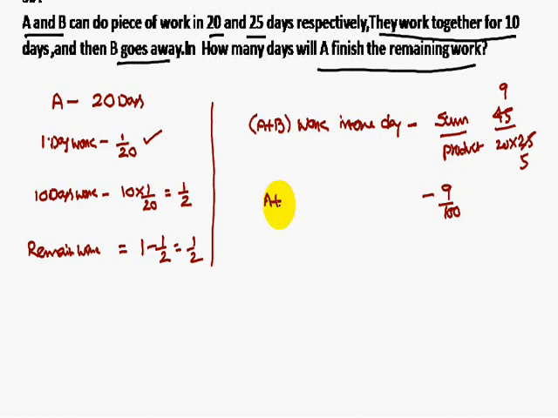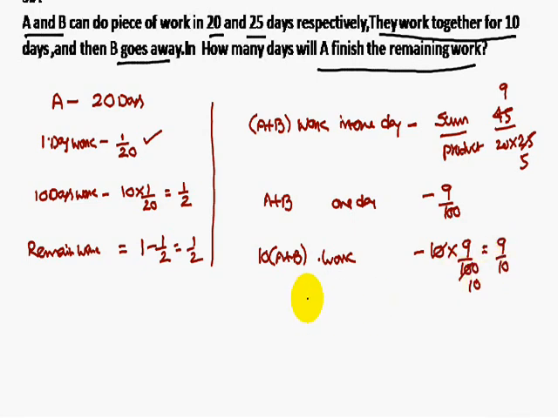A plus B's 1 day work is 9 by 100. So they worked together for 10 days. 10 days work is 10 into 9 by 100, that is nothing but 9 by 10. So in 10 days they have completed 9 by 10th of the work.